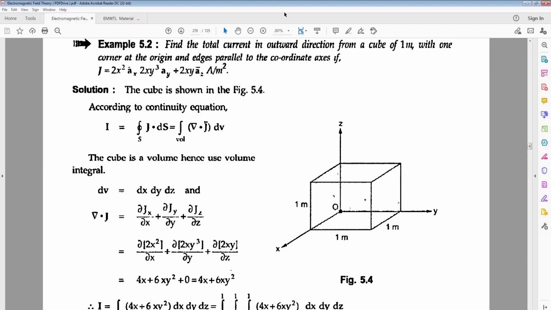Students, J is given. Find the total current. What is the total current here?